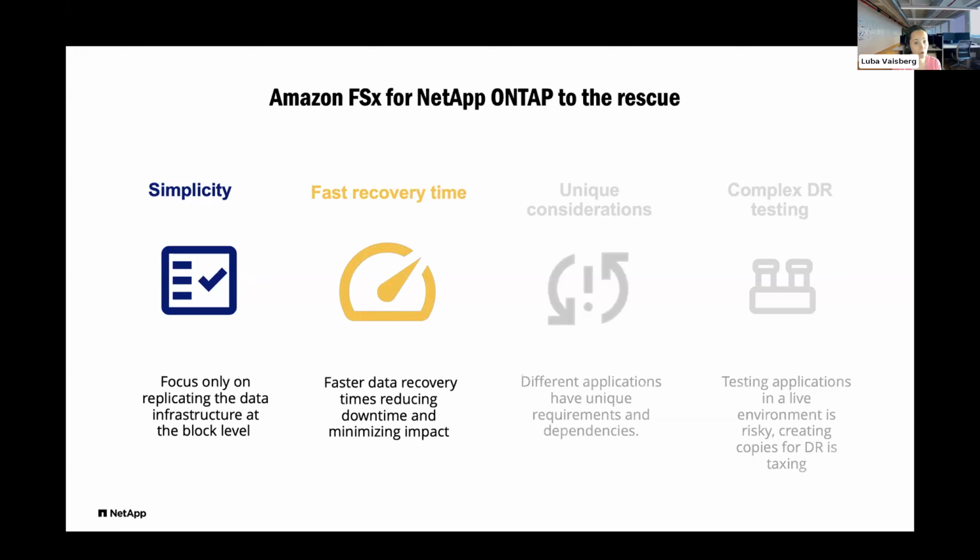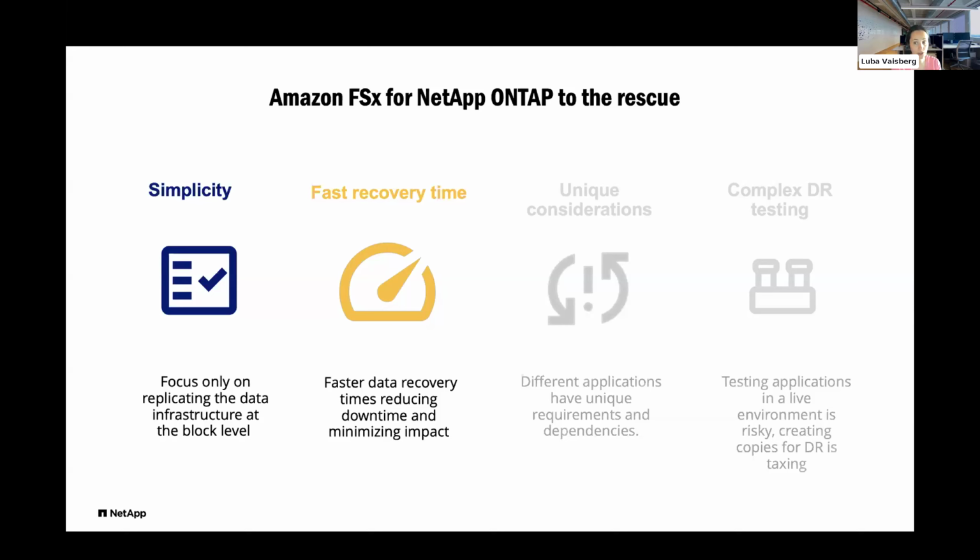With FSx for ONTAP, one of the things it definitely can help you with is to make sure your recovery time can be very fast, and the time that your most crucial systems remain offline is minimized with the features of this solution, which Danny will talk about more.